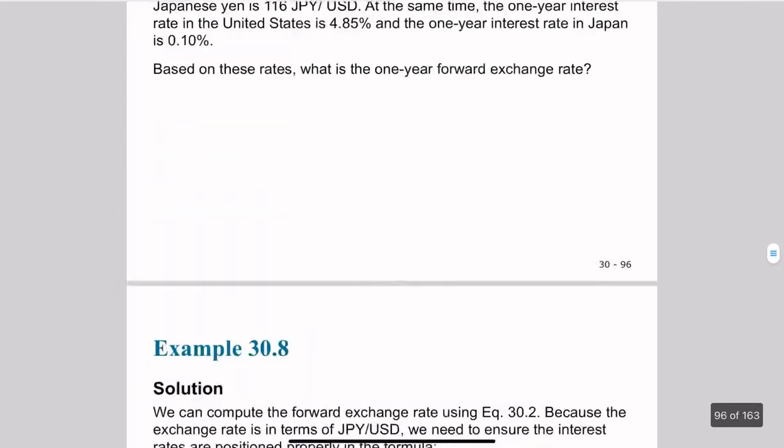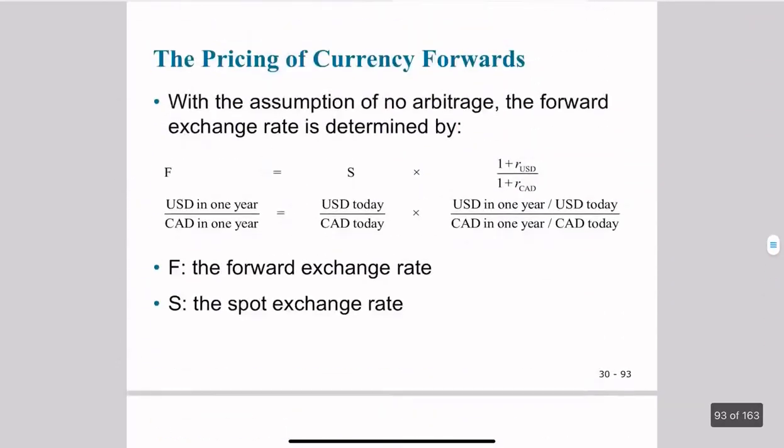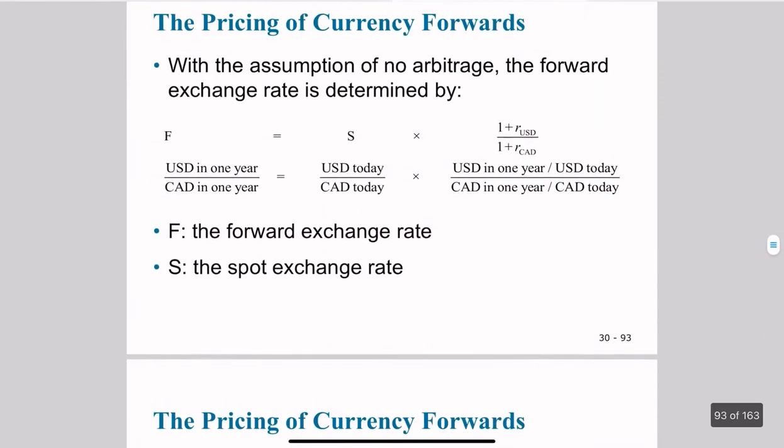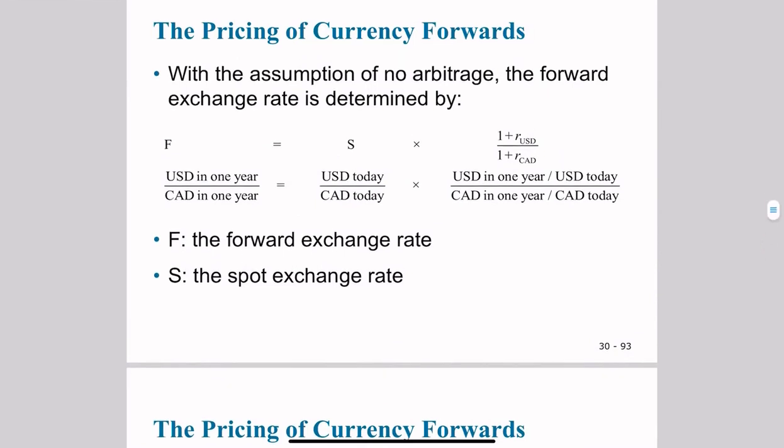The covered interest parity says the forward rate equals the spot rate times the risk-free rate in the US divided by the risk-free rate in Canada.